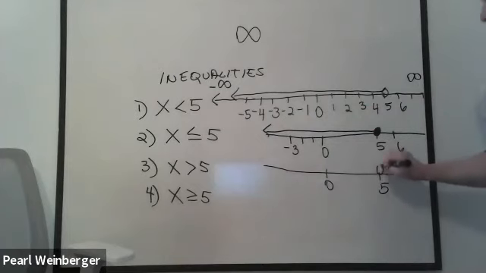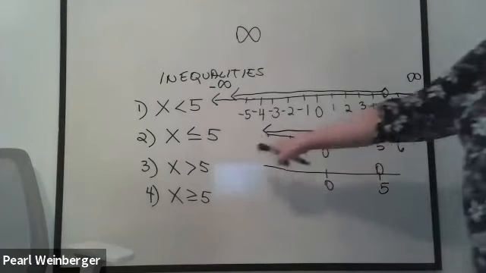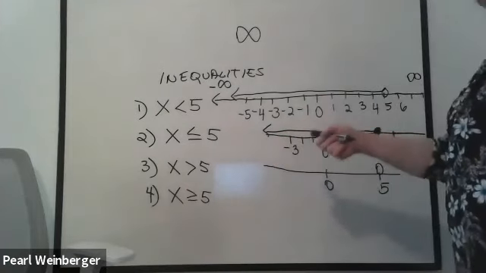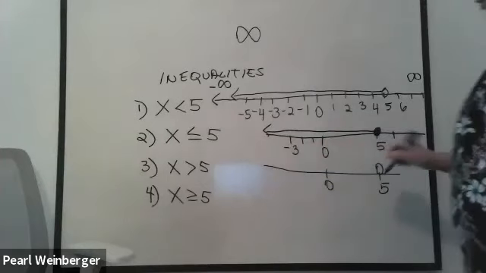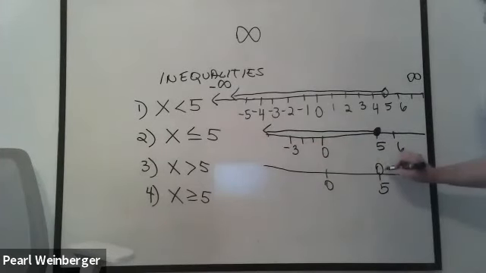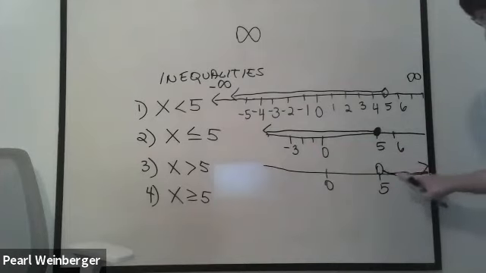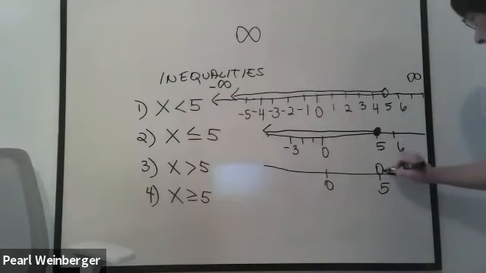Here I'm going to make an open circle because saying x is greater than 5 does not include the 5. 5 is not greater than 5. So we start with an open circle at 5 and an arrow pointing to the right.